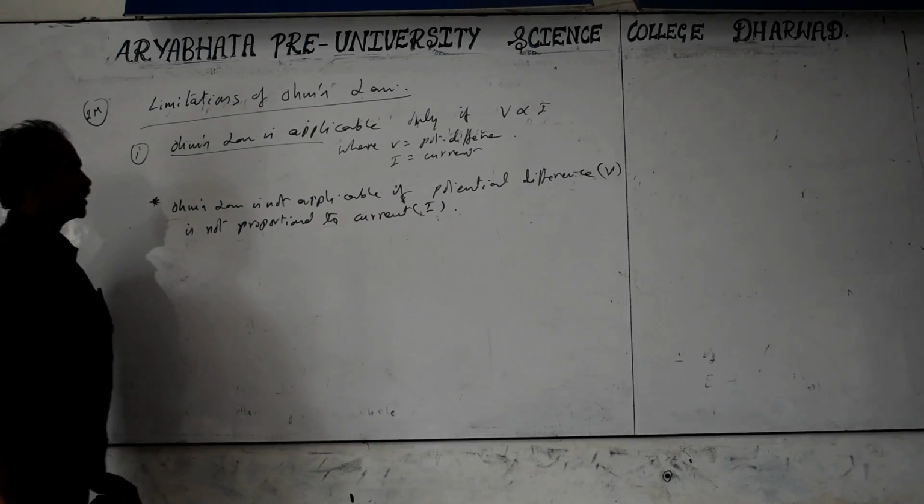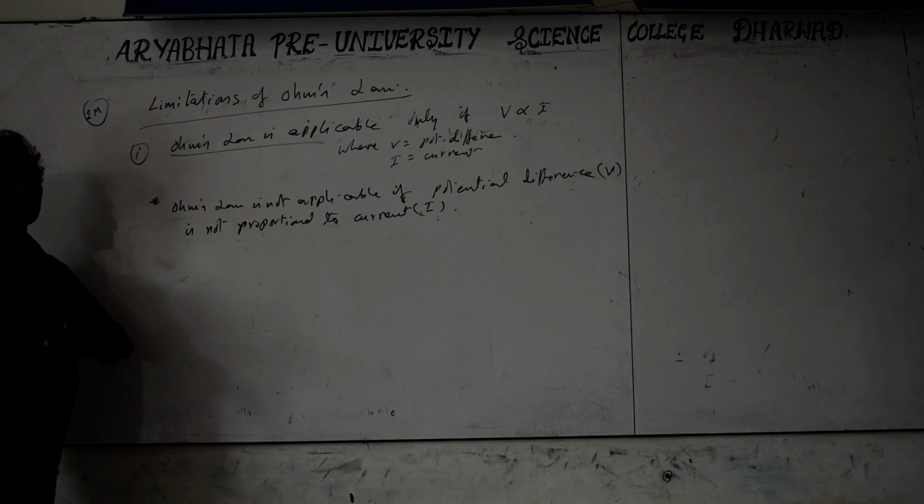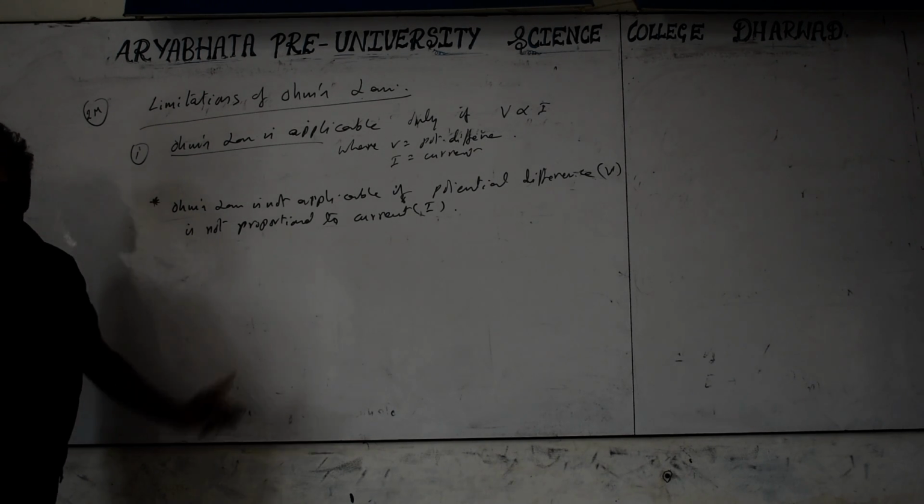That means what? The VA graph must be a straight line. If the VA graph is not a straight line through the origin, Ohm's law is not applicable in this sense.